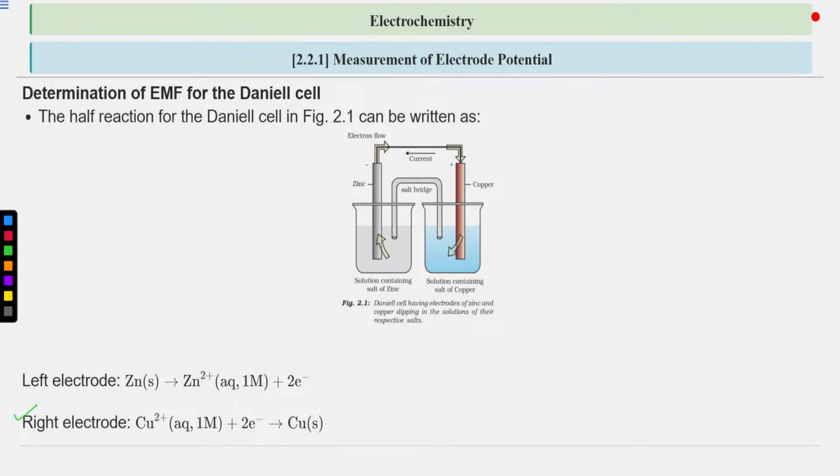That means copper 2 plus is gaining the electrons and converting to neutral copper, right, from 2 positive to the neutral copper. Here in the zinc case, from the neutral to the zinc 2 positive. Okay, so oxidation is happening at the left electrode and the reduction is happening at the right electrode, which is of copper and it is of zinc.